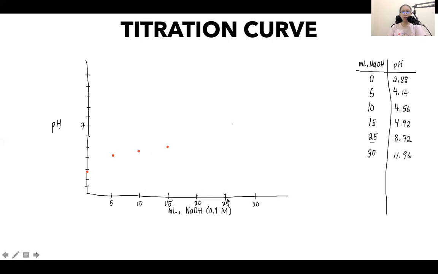At 25, we have 8.72. That's around here. And at 30 mL, we have 11.96. It's around here. There. And now we can connect our titration curve.